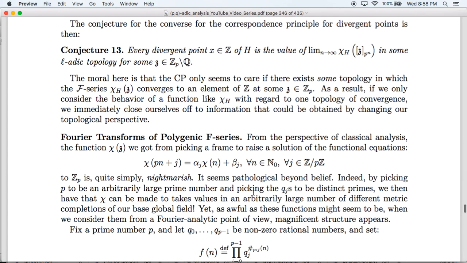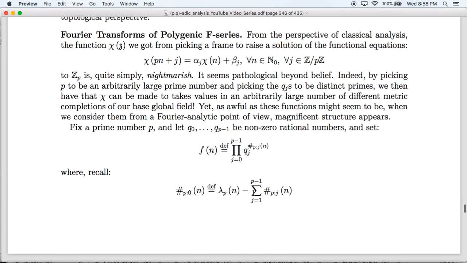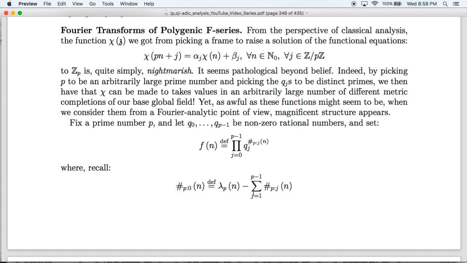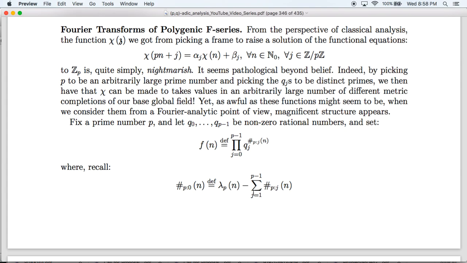So now let's just finish up this part of the episode with some Fourier analysis. From the perspective of classical analysis, the foliated f-series and all that stuff, then the polygenic things, they're horrible. They're impossibly nightmarish.